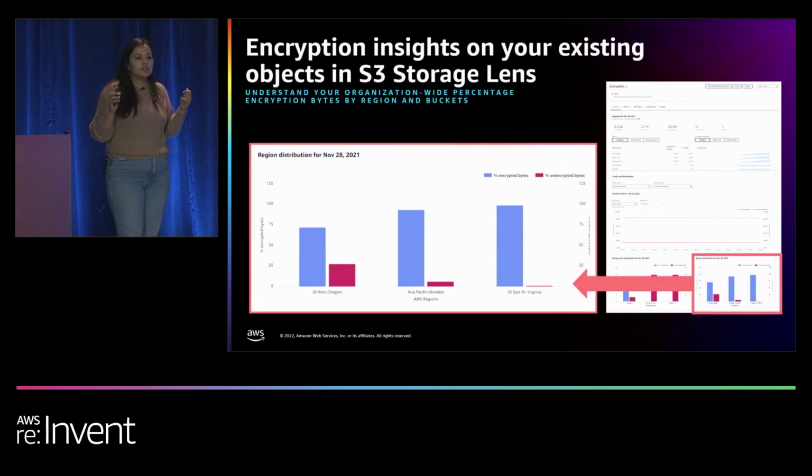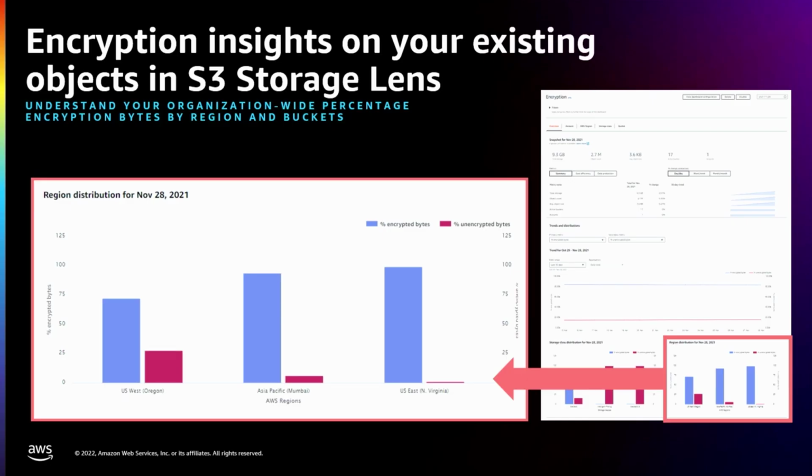So Storage Lens is a tool that gives you organization-wide visibility into your object storage. And Rob will walk us through this feature in detail, but for this specific use case, we can focus in on our regional distribution and see that about 26% of our storage in the US West region is unencrypted.